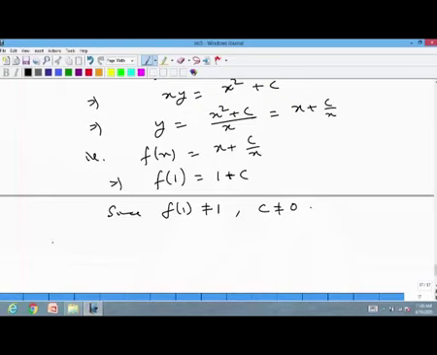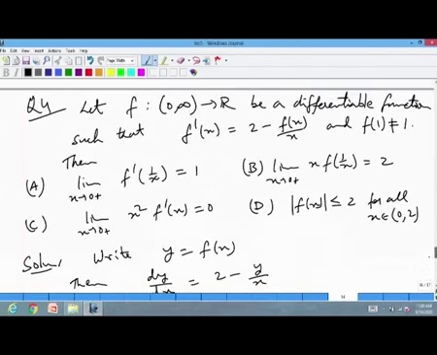So, therefore, we have f of x is x plus c by x for some c not equal to 0. Now, let us look at the options.